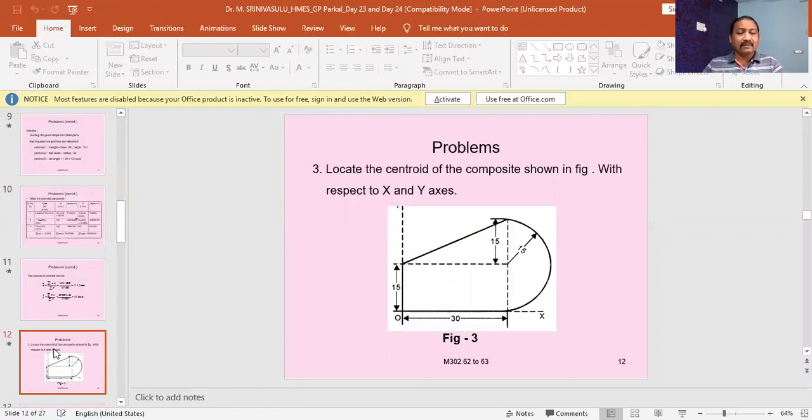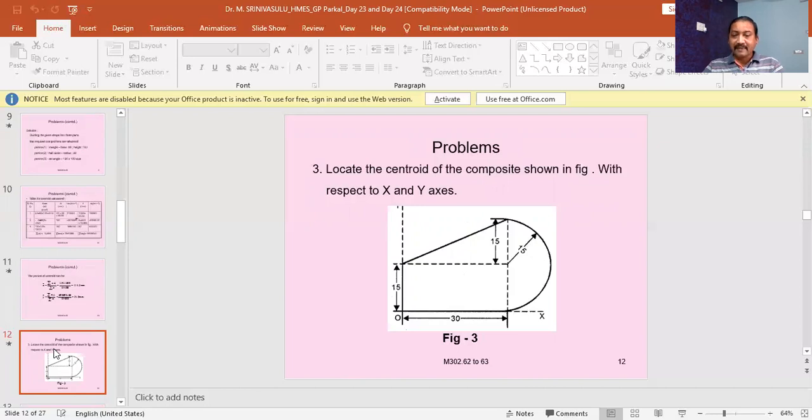So now take down the problem, draw the figure. This problem mainly comprises three standard figures: rectangle, triangle, and semicircle.